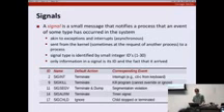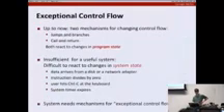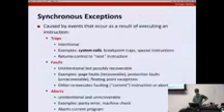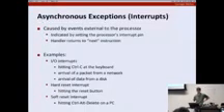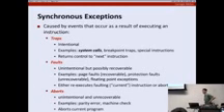So let's see. The exceptions, let's go all the way back. These exceptions were caused by hardware in the asynchronous case, or as the result of executing a particular instruction in the synchronous cases.